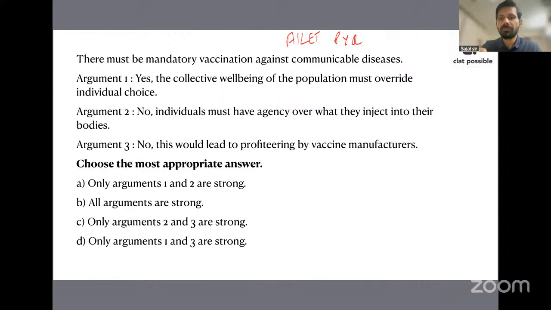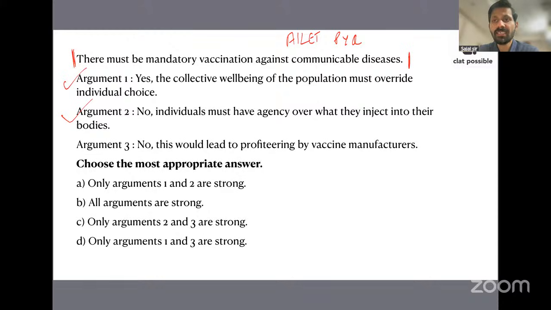Now, this is the statement that we are considering, okay? This one is the statement, and then these are the arguments. So there must be mandatory vaccination against communicable diseases, right? That's the statement to consider.